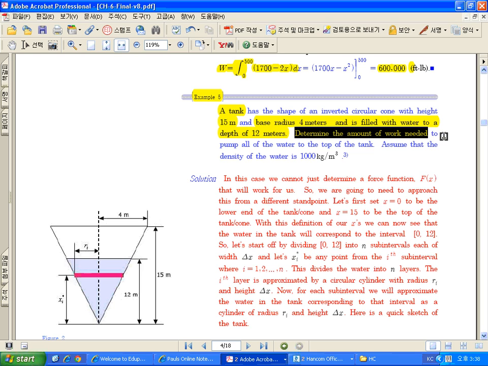Determine the amount of work needed to pump all of the water to the top of the tank.